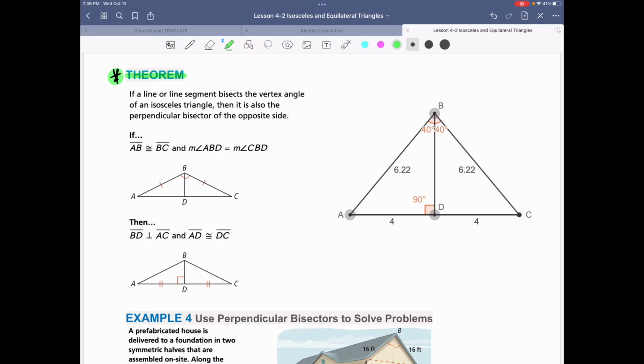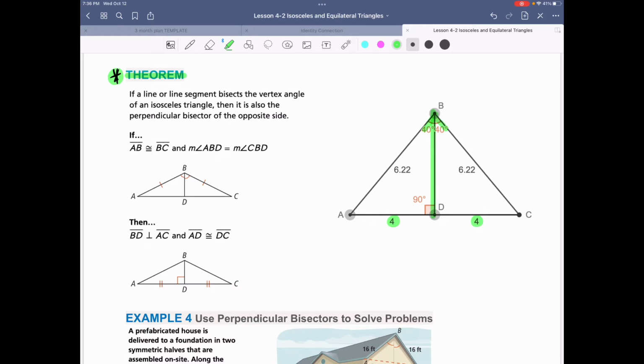So here you can see that this angle is bisected. It's cut in half. So instead of being the angle 80, it's now 40 and 40. Then this line that bisects it also bisects this side of the triangle into two equal parts. And that is what this theorem is saying.